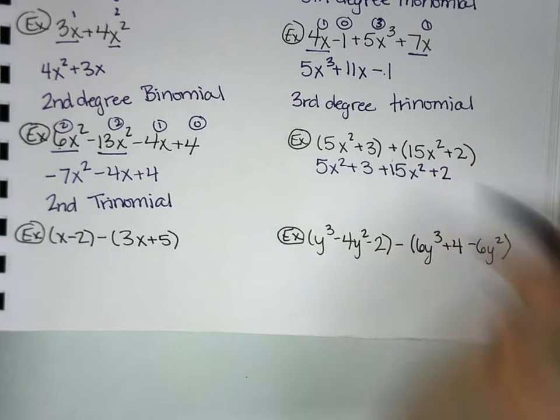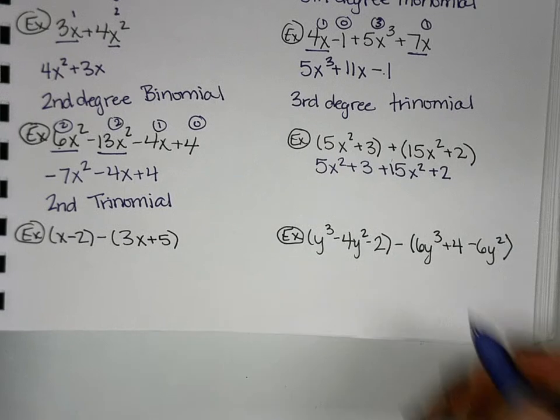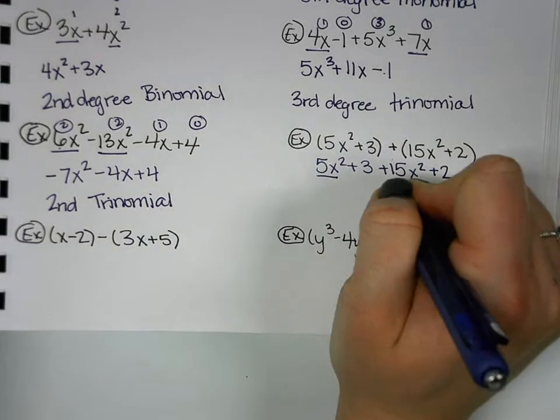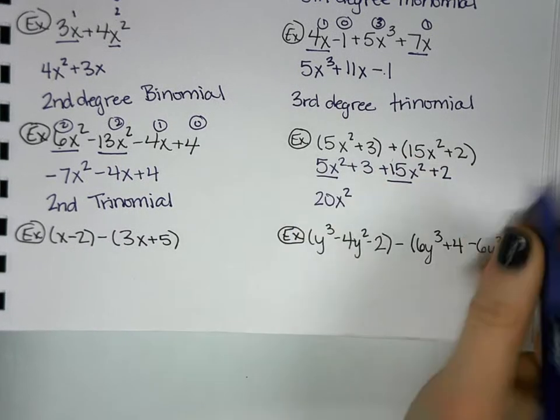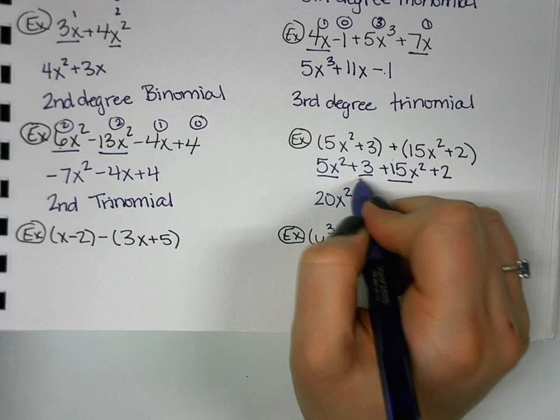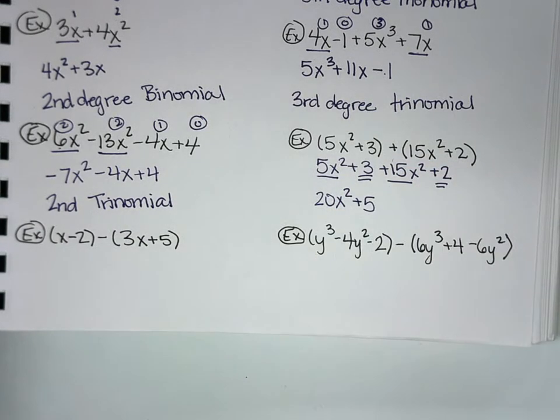So what like terms do we have? The x squareds, so that'll be 20. And then the constants plus 5. So how would you classify that one? Second degree binomial.